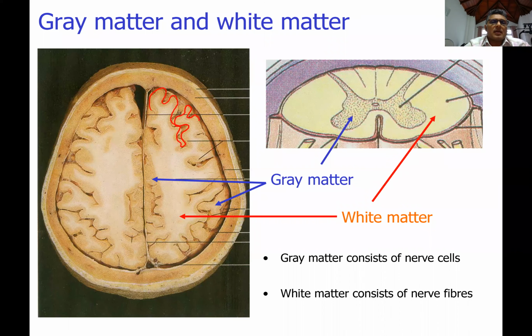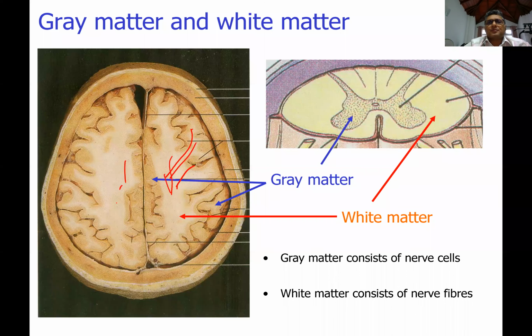So it can accommodate many more cells when you have the cells outside rather than inside. That is the advantage of having the cells outside in the cortex when it comes to the brain. Then the connections, the fibers, will go into the center and will go down.